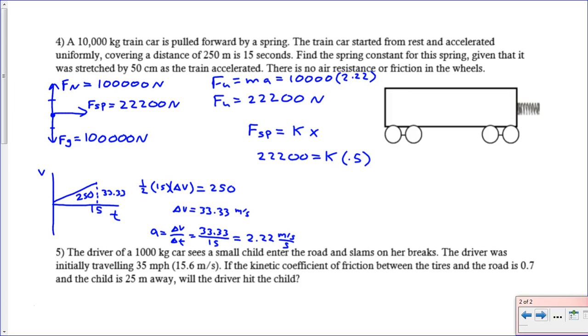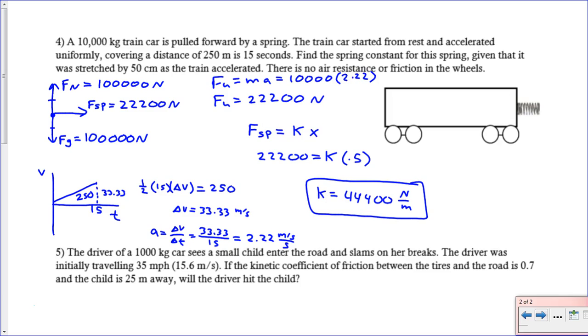Divide both sides by 0.5, and you end up with k equals 44,400. And the units on spring constants are newtons per meter.